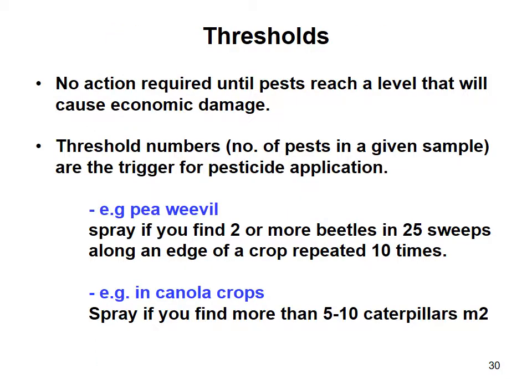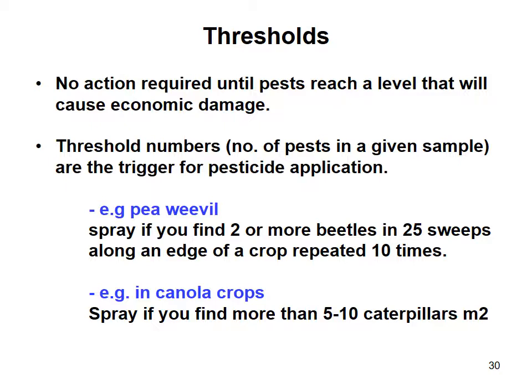Action thresholds have been developed and used for many years in Australia, and the theory is that no action is required until pests reach a level that will cause economic damage. Threshold numbers, that is the number of pests in a given sample, are the trigger for pesticide application. Here we can see a couple of examples.